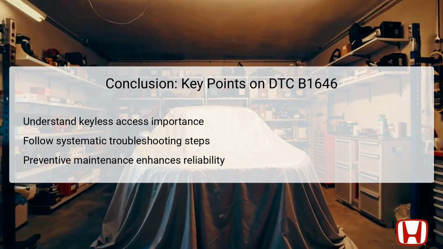Following a systematic approach to troubleshooting, as outlined through the precise steps, aids in accurately diagnosing the issue while fostering confidence in the repair process. Furthermore, implementing preventive maintenance recommendations can significantly enhance reliability, reducing the likelihood of similar issues arising in the future. Recognizing these components' roles and implementing corrective measures are essential for maintaining optimal vehicle performance.